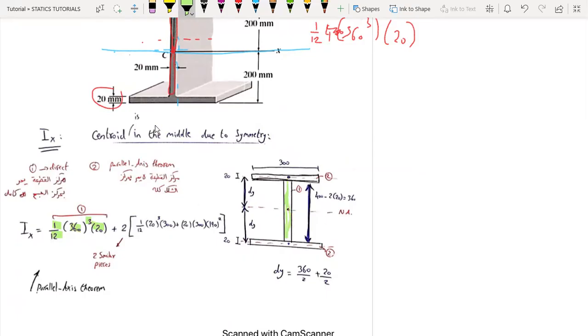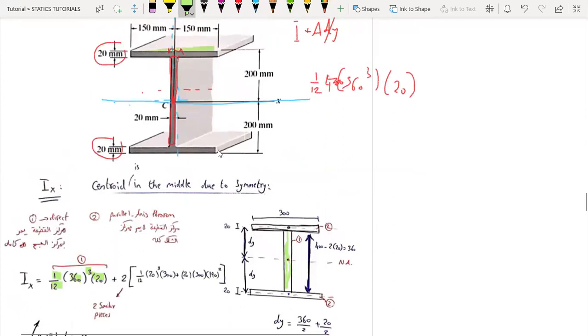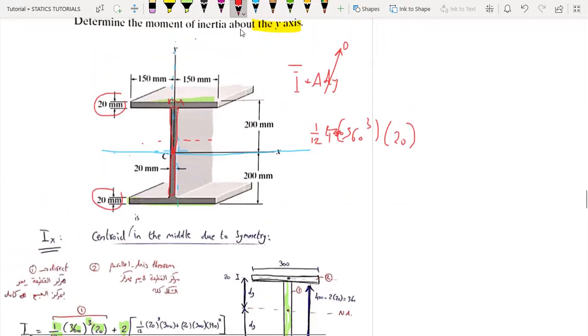But regarding segments 2 and 3, since it's symmetric, we can multiply the bracket by 2. And here we must use the parallel axis theorem. Why? Because the centroid for this segment is not the same as for the whole, so we have a vertical distance dy.